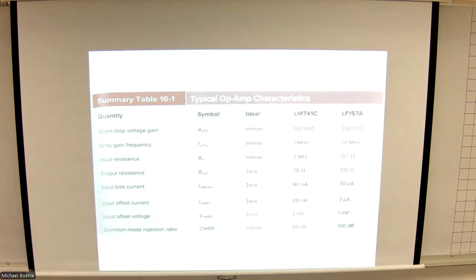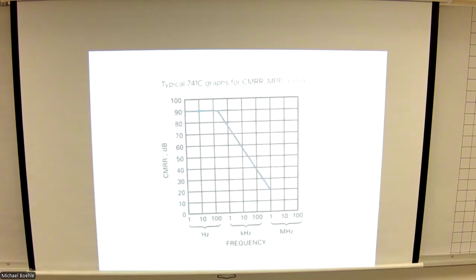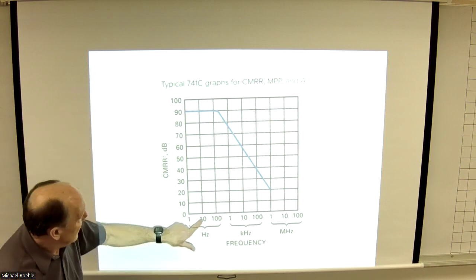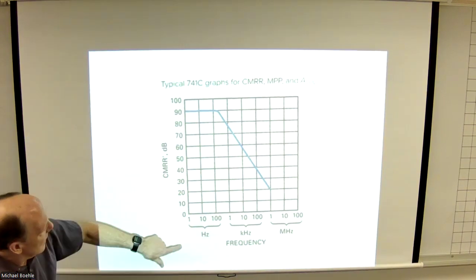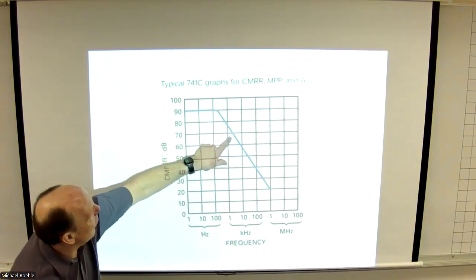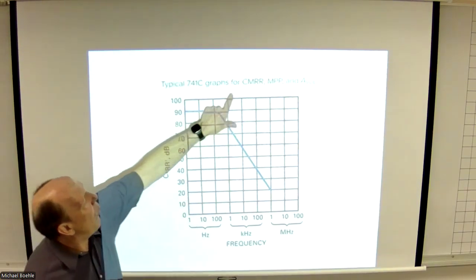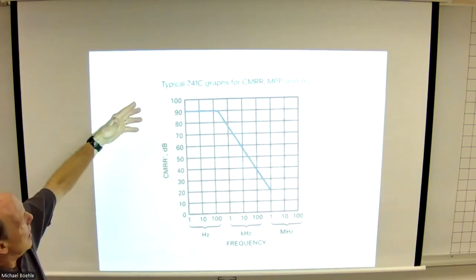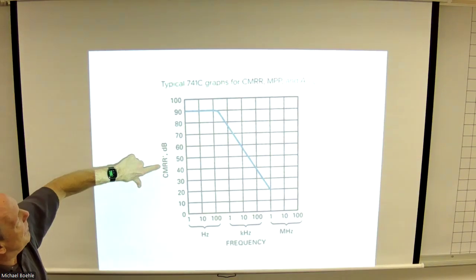All right, so this, of course, shows the frequency response of a typical 741. So 10 hertz right there. This does show 100 where it starts to come down. This, though, is for the common mode rejection ratio, specifically.